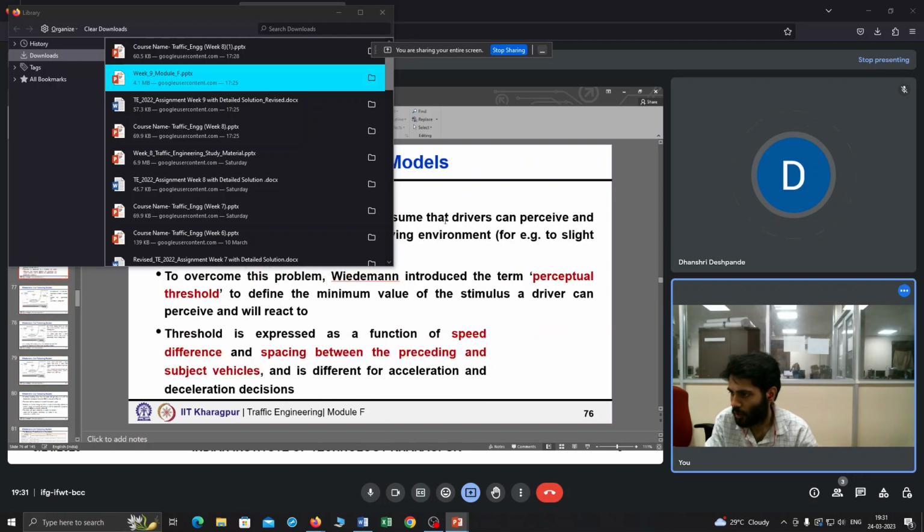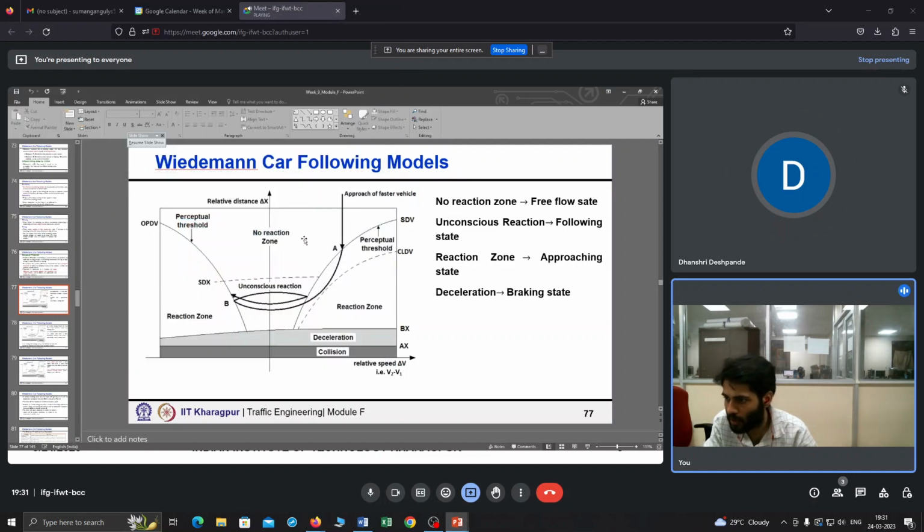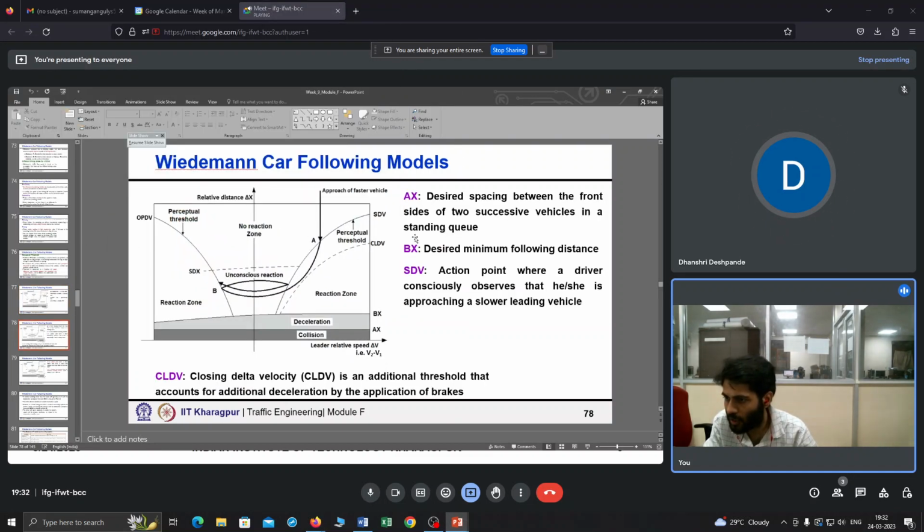So here, if you see free flow state, this is your reaction time, perception threshold is SDX and this is BX. BX means for deceleration and SDX is for acceleration. So desired space between the front side of two successive vehicles, desired minimum.